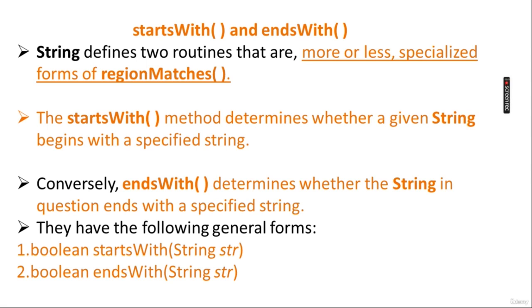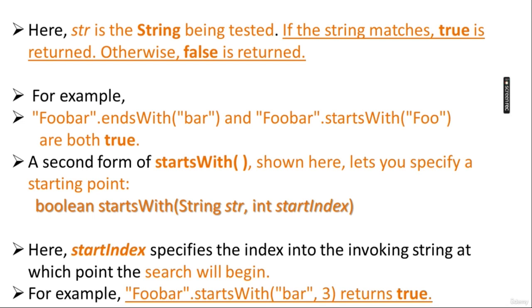They have the following general forms: boolean startsWith(String str), boolean endsWith(String str). Here str is the string being tested. If the string matches, true is returned, otherwise false is returned. For example, Foobar endsWith bar and Foobar startsWith Foo are both true. The second form of startsWith lets you specify a starting point.